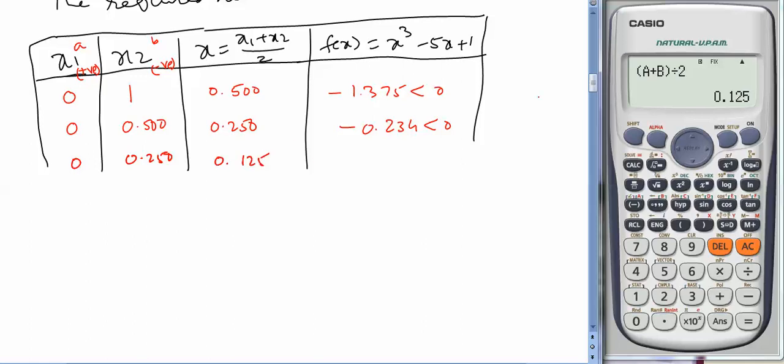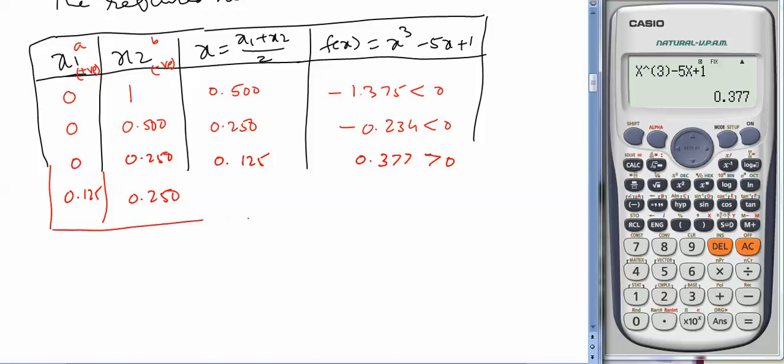Now for finding the f(x) value, press copy button at the top edge, then press calc button, then press answer, then press equals button. You will get the answer for 0.125. Now it is positive. Then write the x value in the positive column, 0.125. Now the second value is the same.